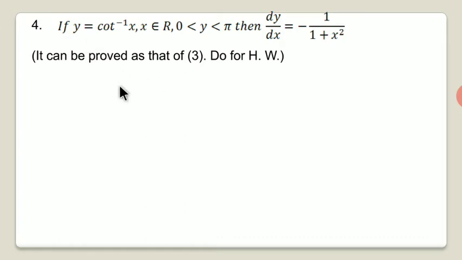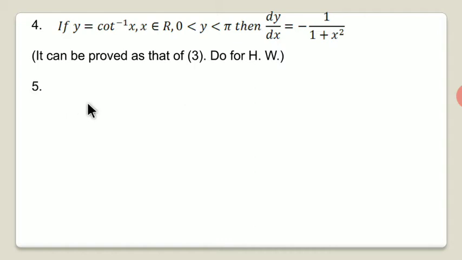So we get here dx upon dy is minus of 1 plus cot square y. And cot y is x, so we get dx upon dy is equal to minus of 1 plus x square. And again by using the theorem, we get here dy by dx is minus 1 upon 1 plus x square. So students, do it for homework.